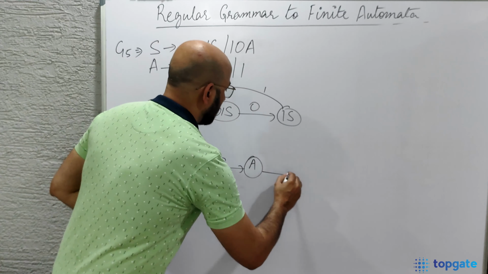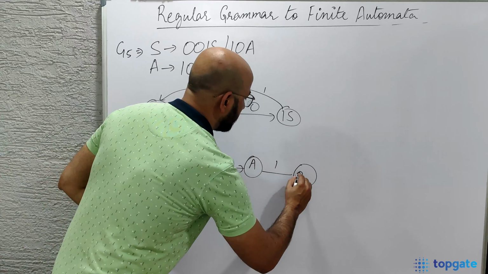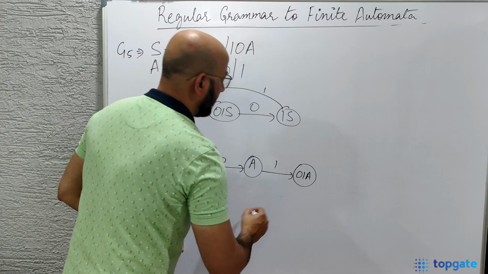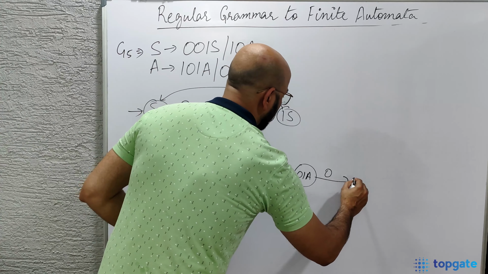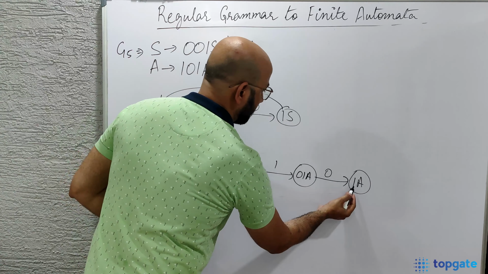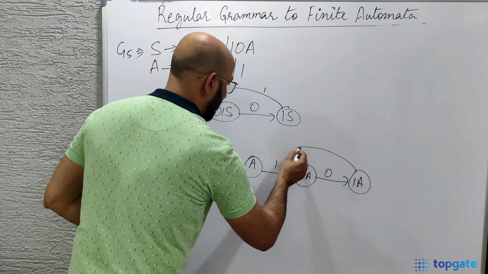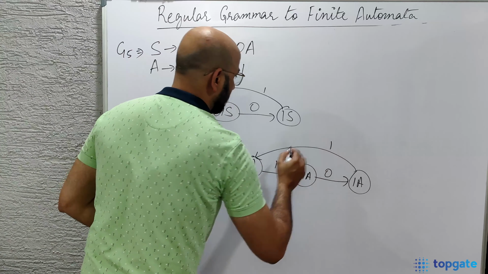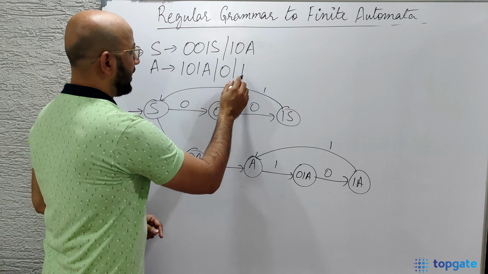That means 1 applied and it will reach 01A, and then next alphabet is 0, so apply 0 and reach 1A, and then next alphabet is 1 and it is reaching A. So from here I'll come on to A with 1. Clear?